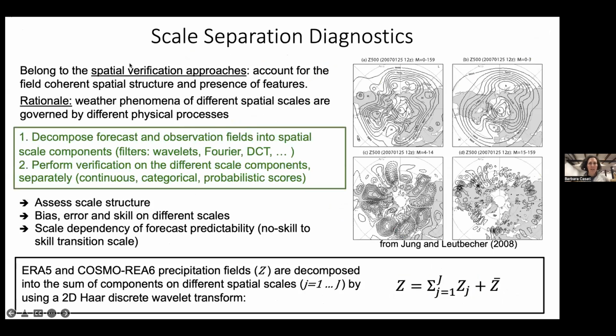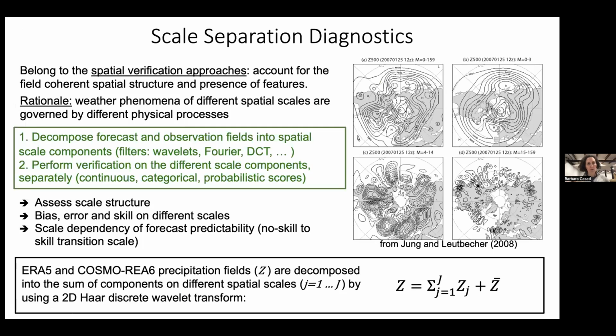So the scale separation diagnostics are a class of spatial verification approaches. And these verification approaches actually account for the coherent spatial structures of the field and the presence of features in precipitation fields, for example. In a nutshell, what the scale separation diagnostics do is to decompose forecast and observation fields into different spatial components.